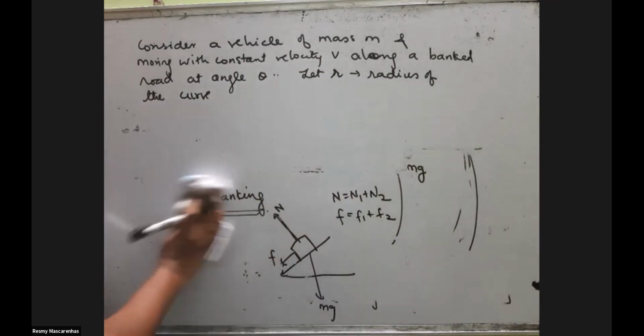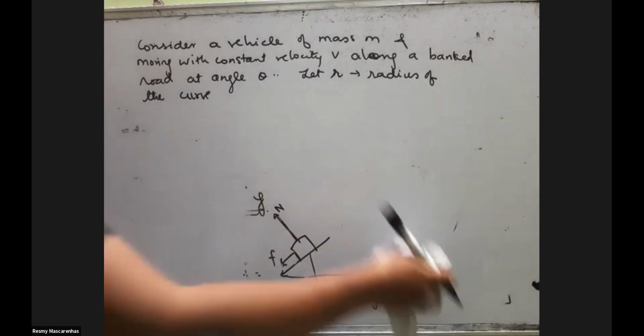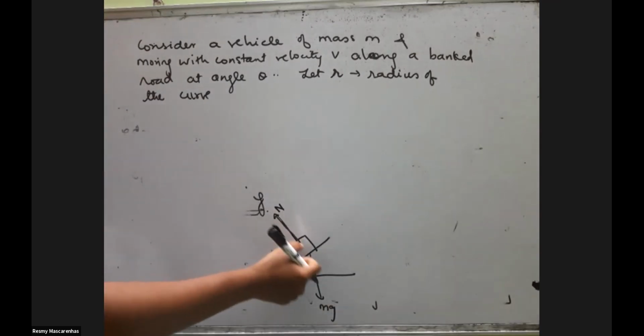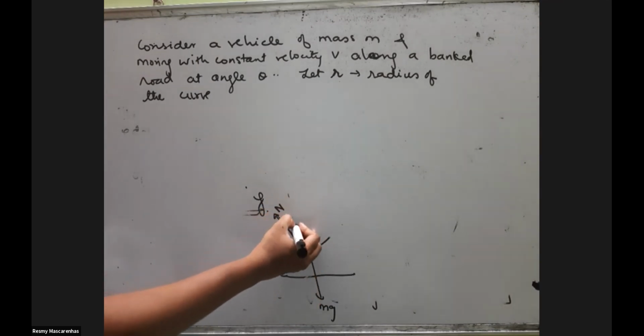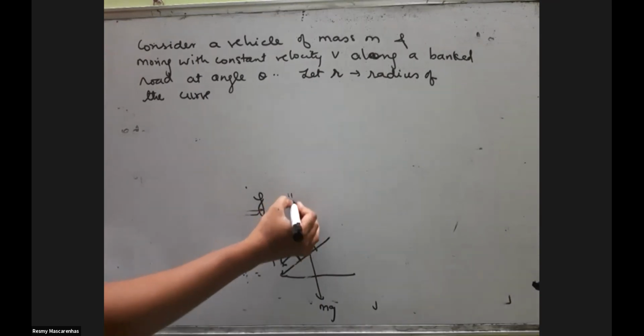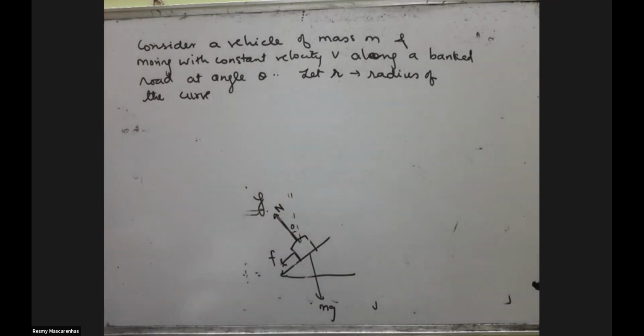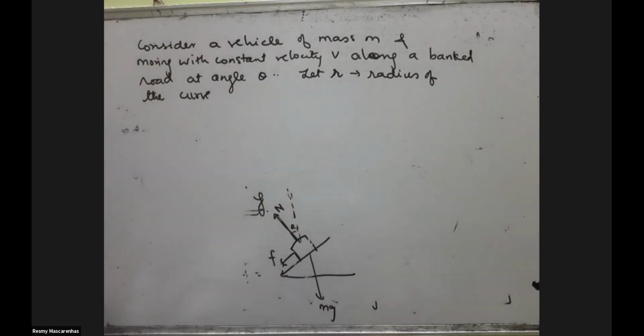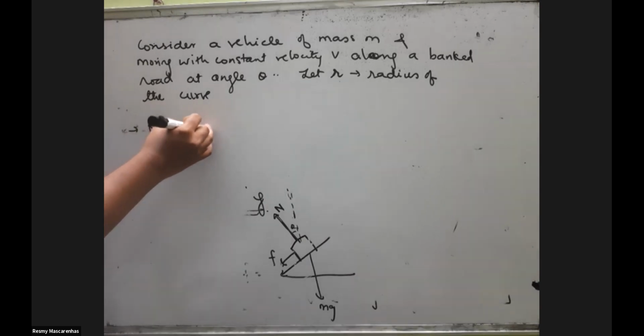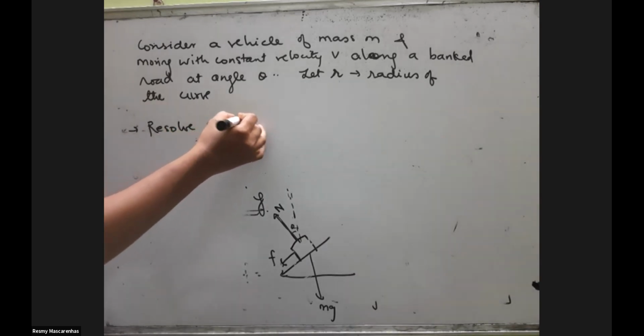So obviously looking at this, what is happening? This is not a straight line, it is at an angle. It's not vertical straight. See, with reference to this, this would be at some angle, with a reference to a straight line. So what we'll do, we will resolve N into two components.